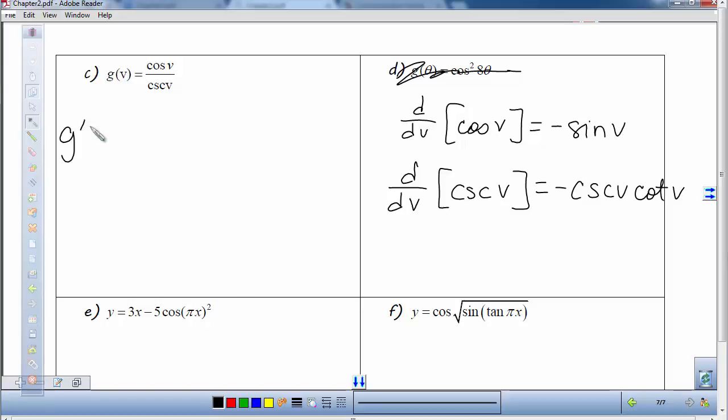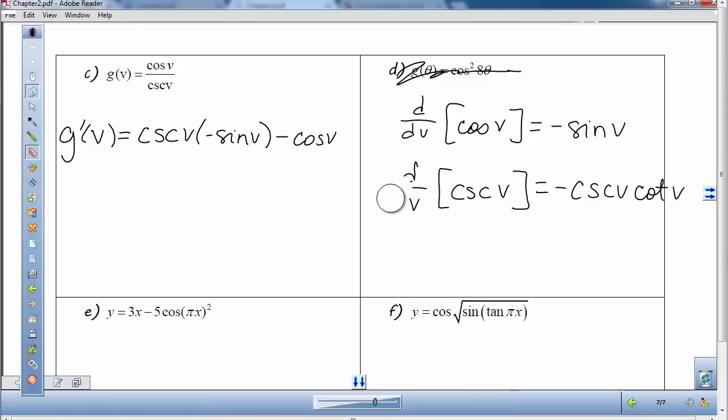Okay. G prime of v, I'm using the quotient rule, is going to be low times derivative of high. That's going to be minus sine v, minus high times derivative of low. Okay, I'm going to need some more space.